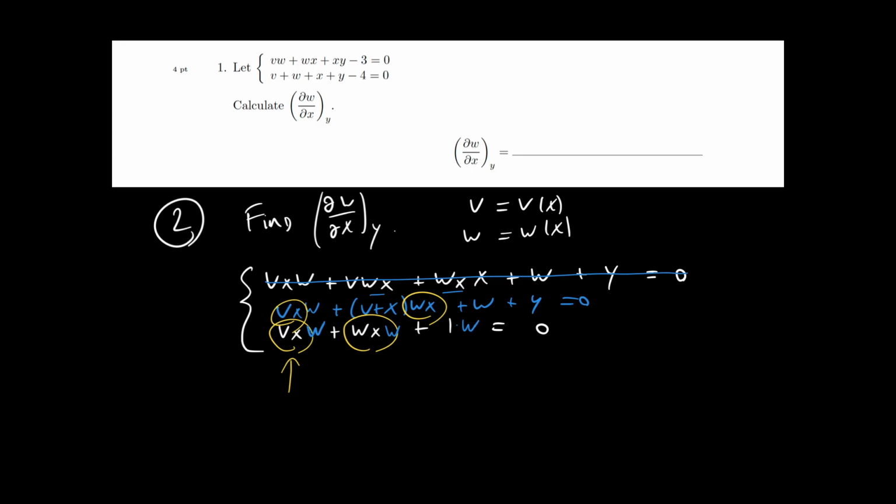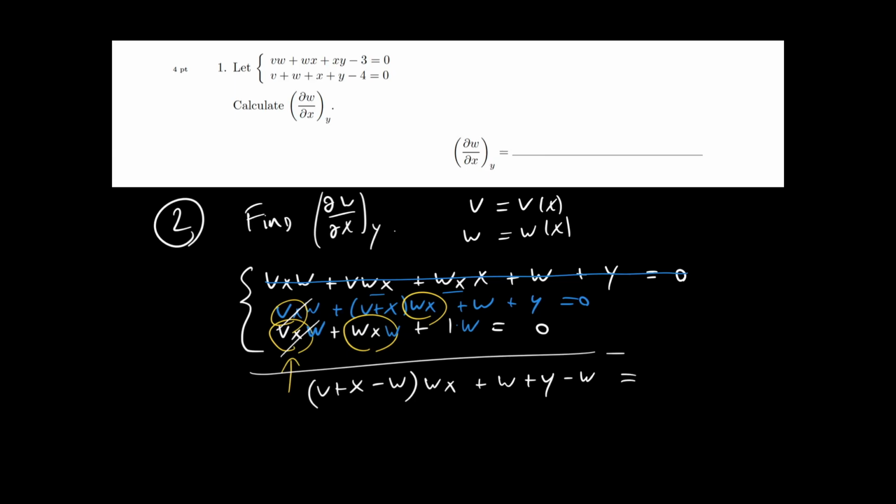And now I've done that, I can subtract both equations so that exactly the first two terms will cancel out, right? And so if I subtract the second equation from the first, I get v plus x minus w all times wx, and we get w plus y minus w is equal to 0, so that's obviously also canceling out.